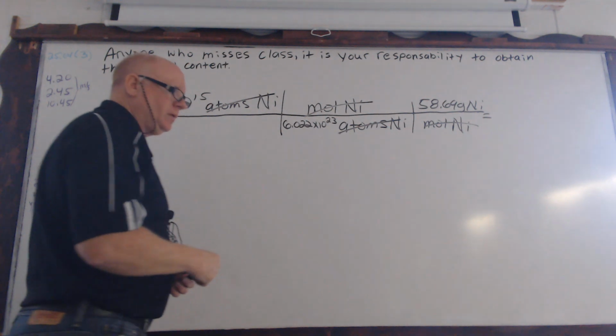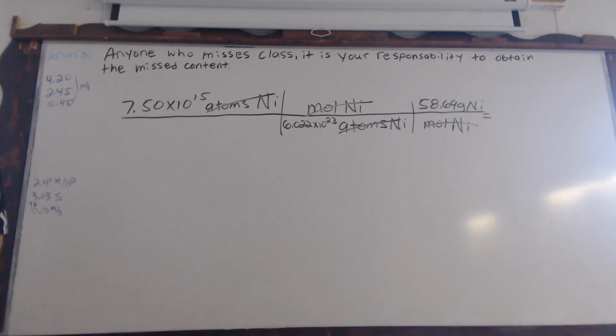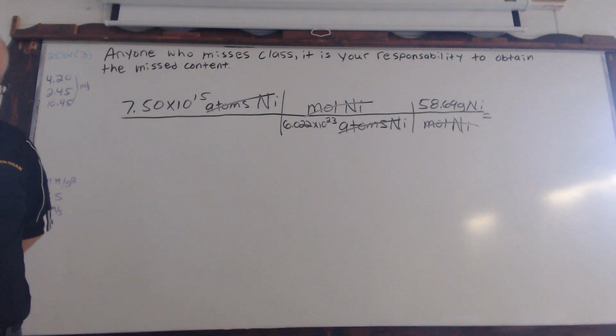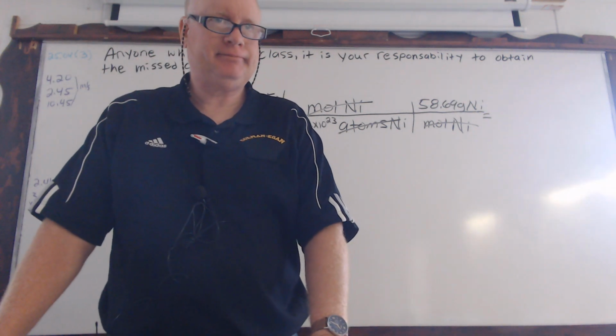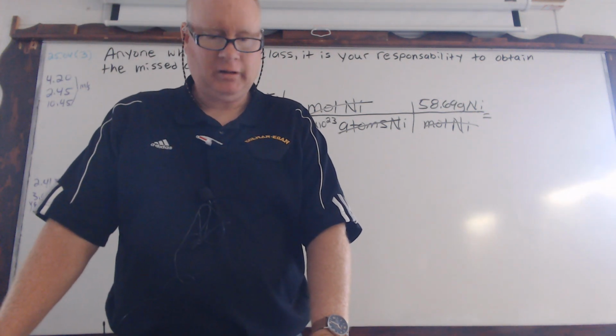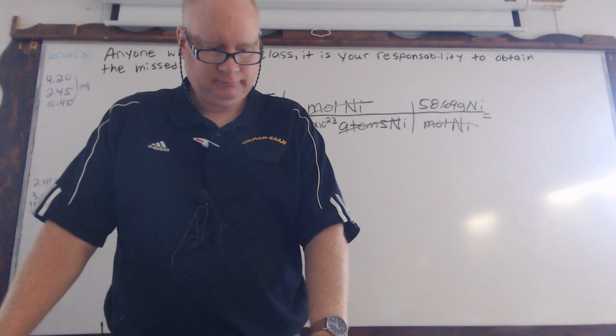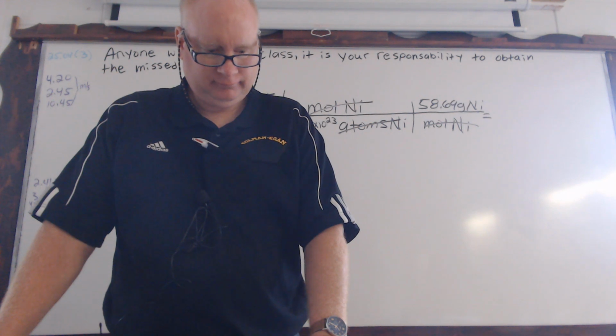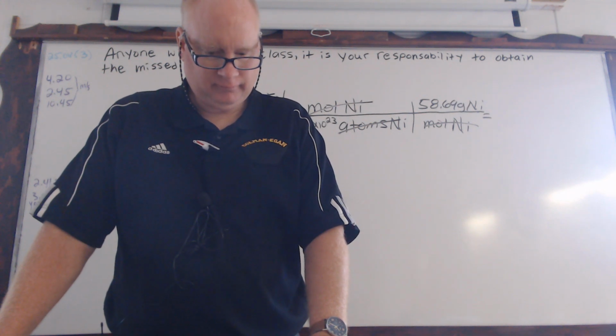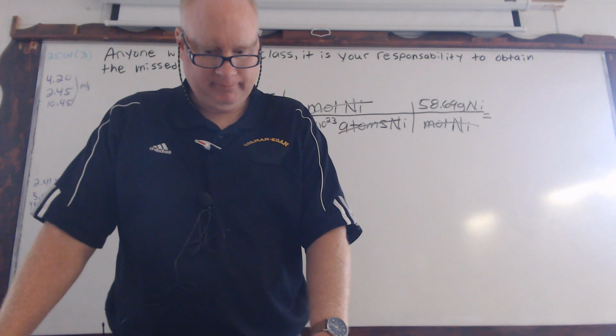What did you get? 7.3 times 10 to the negative 7th, divided by Avogadro's number, and then it equals.